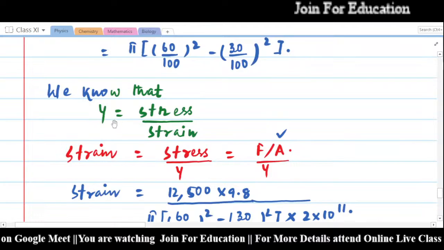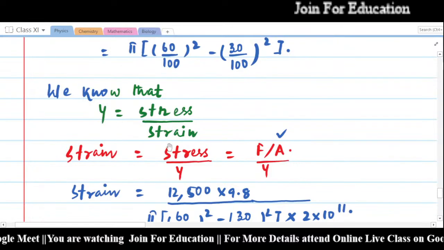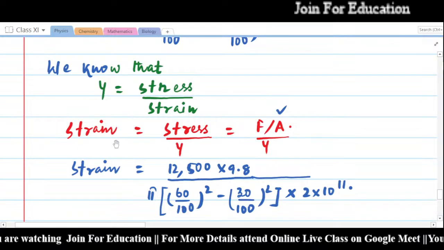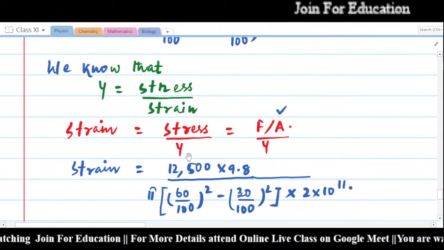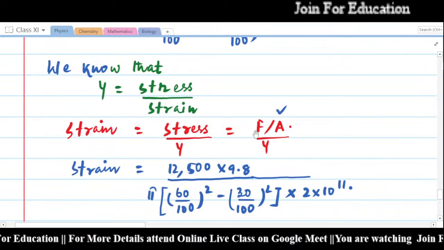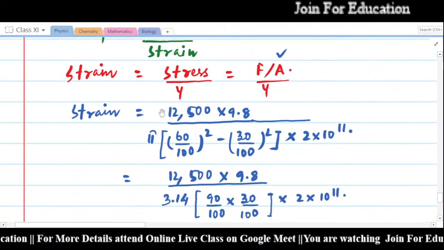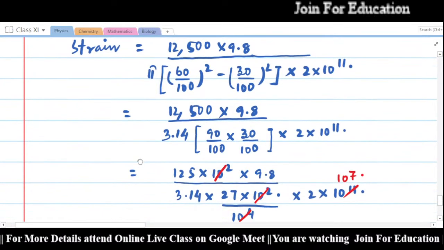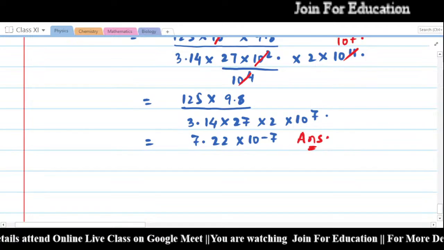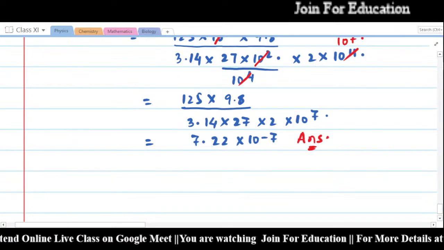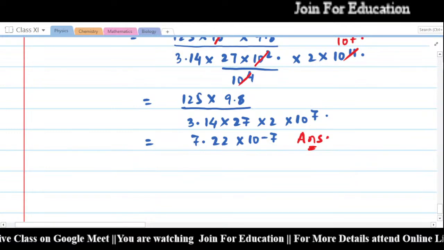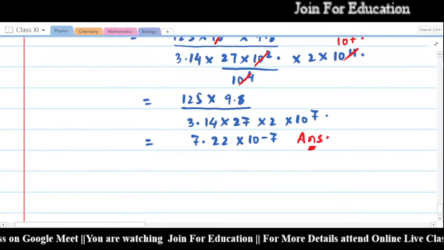We recall the formula of Young's modulus, which is stress by strain. So after the simple calculation we get strain equal to stress by Young's modulus. The numerical value of stress is force per unit area or force by area. After putting the values we get the answer of this question. Hope that there is no problem to understand the solution of this question.